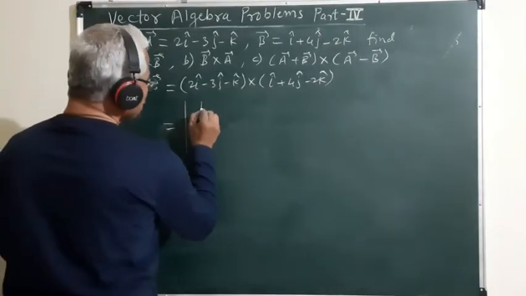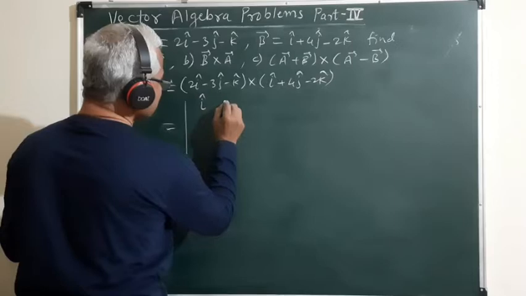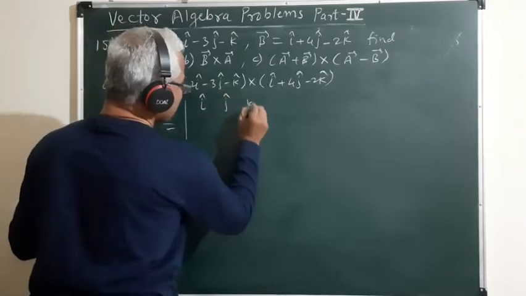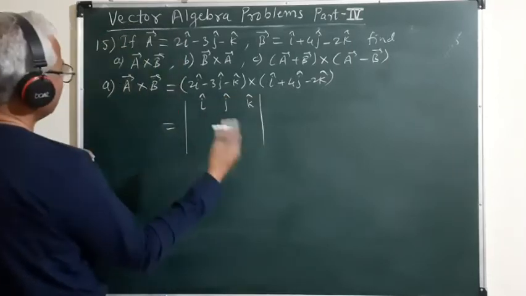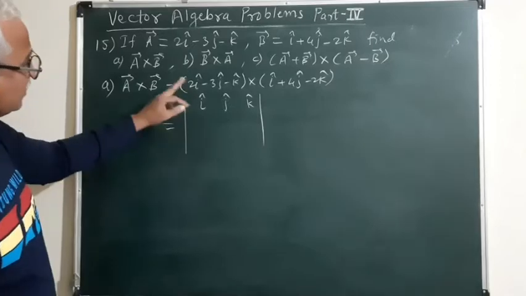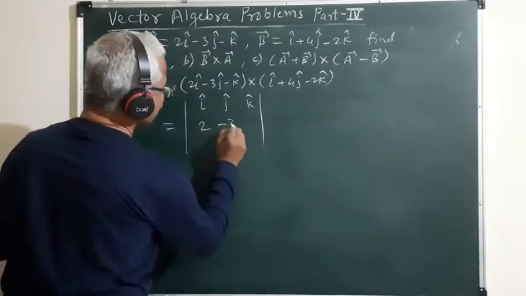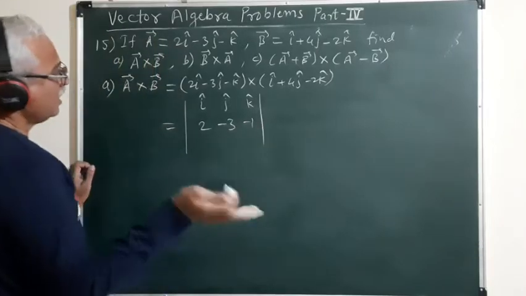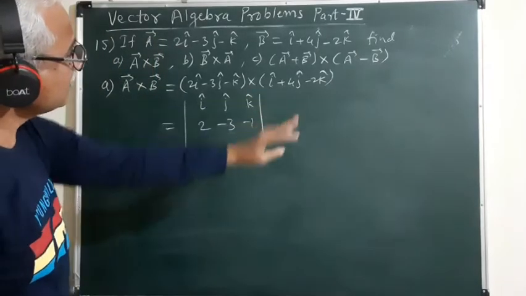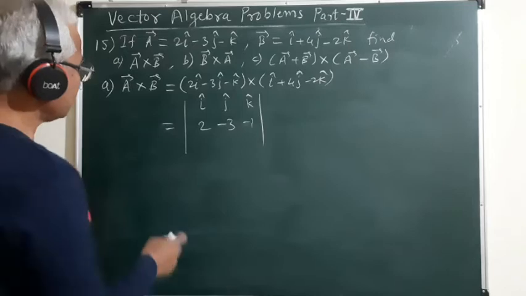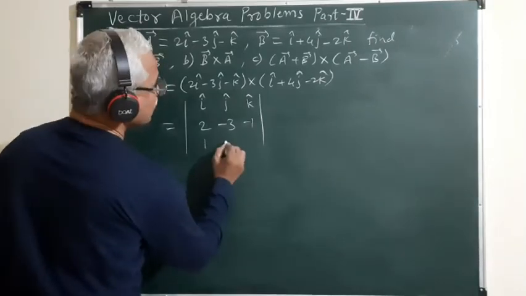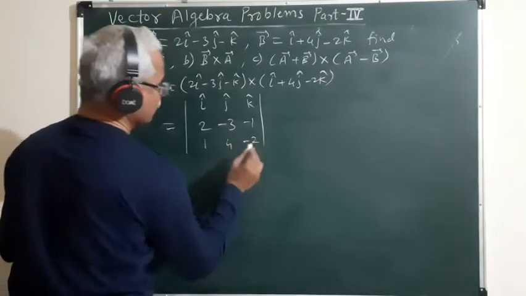The first row of the determinant is the unit vectors i, j, k. The second row is the components of the first vector in the product, that is 2, minus 3, minus 1, and the third row is the components of the second vector in the product, that is 1, 4, minus 2.